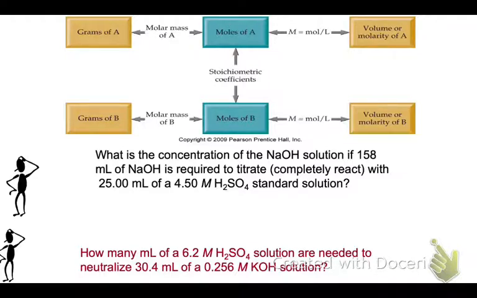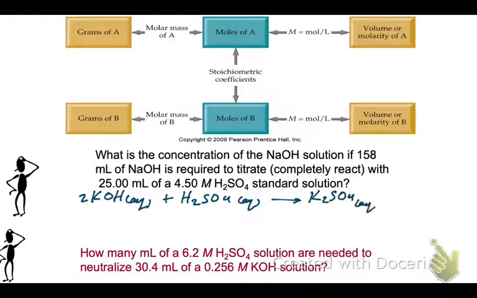You know the answer by thinking, okay, is it the same solution that I have 2 different concentrations of, or 2 different substances? They are 2 different substances reacting. So the first thing you need to do is write the reaction down: potassium hydroxide solution reacting with sulfuric acid solution to give you potassium sulfate solution and water.